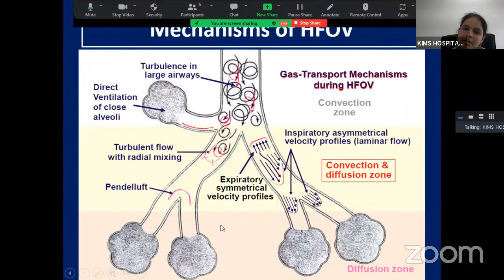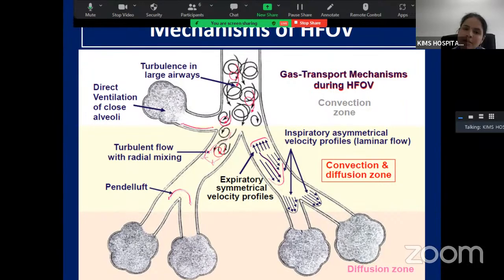It has been found that the net ventilation to all the alveoli in high frequency ventilation is greater than the gas flow achieved from the ventilator to the alveoli. This accounts for some pendelluft related ventilation amongst the neighboring alveoli because of the inhomogeneous time constants. During inspiration, the alveoli with the shorter time constant tend to get fully inflated earlier.